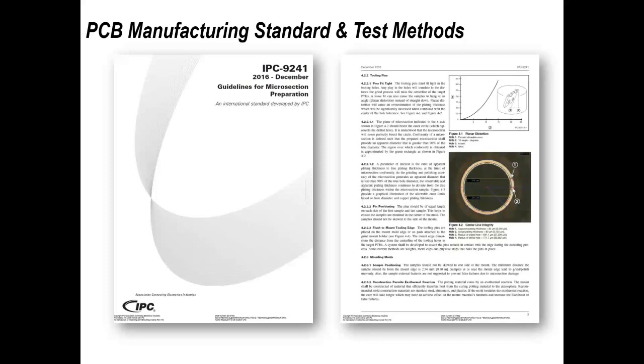Within the document, it goes into how to cut out samples, how to prepare the samples, how to pot the samples, and then various other steps that we'll go through in our presentation. It's also very useful because it highlights some of the variations that can occur if you're not careful when you're preparing the samples.